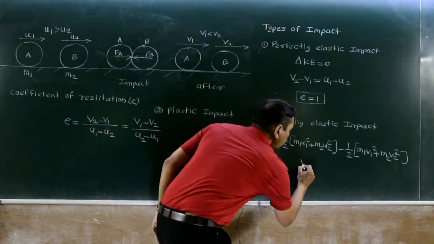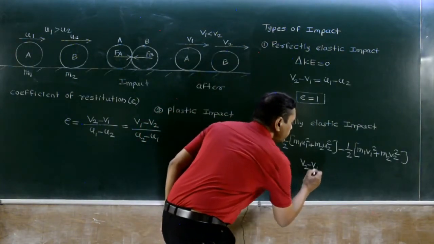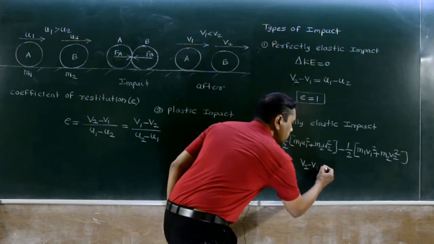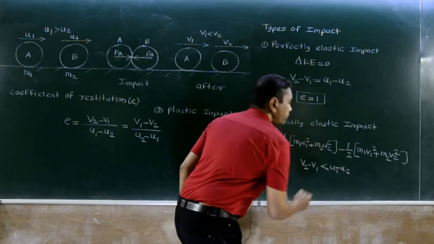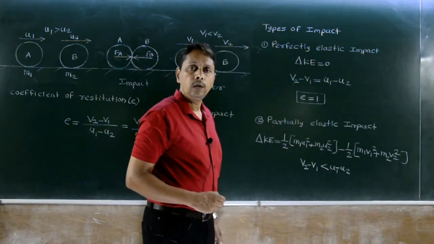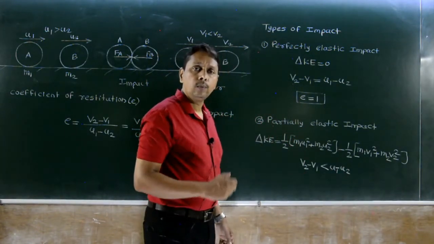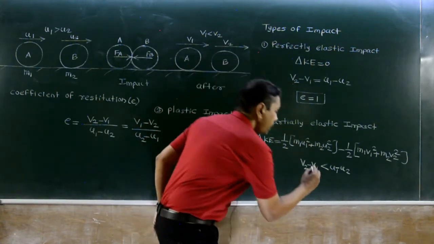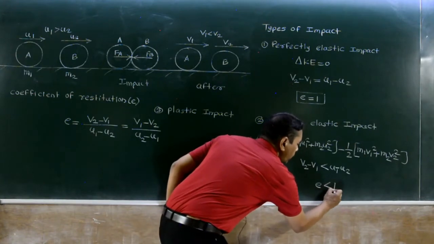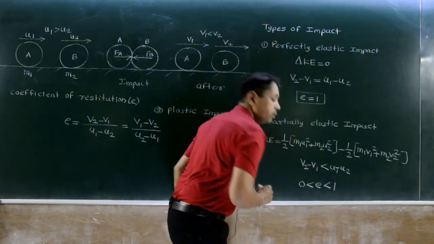So there is loss in relative velocity also. Therefore V2 minus V1 is less than U1 minus U2. So what is its effect on the E value? It is a division of smaller divided by greater. Therefore the E value is less than 1 but greater than what? 0.